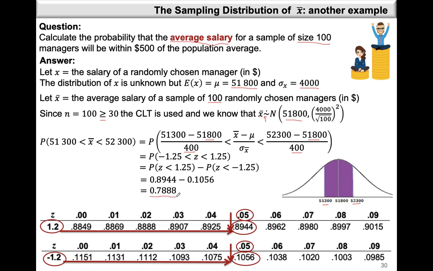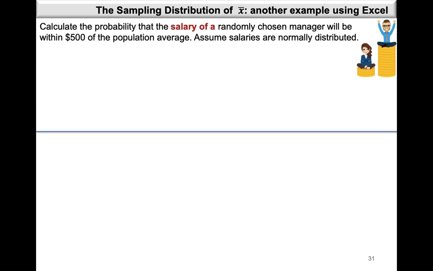Calculate the probability that the salary of a randomly chosen manager will be within $500 of the population average, and we're told to assume salaries are normally distributed. So in this case, we can see that we are making reference to the salary of a randomly chosen manager.